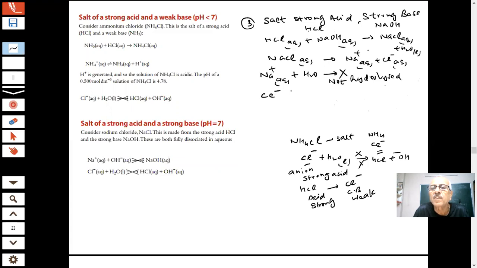Similarly, Cl minus aqueous is coming from a strong acid. This will not be hydrolyzed. Then what will be the result of that? Solution will be acidic, basic, or neutral, students.